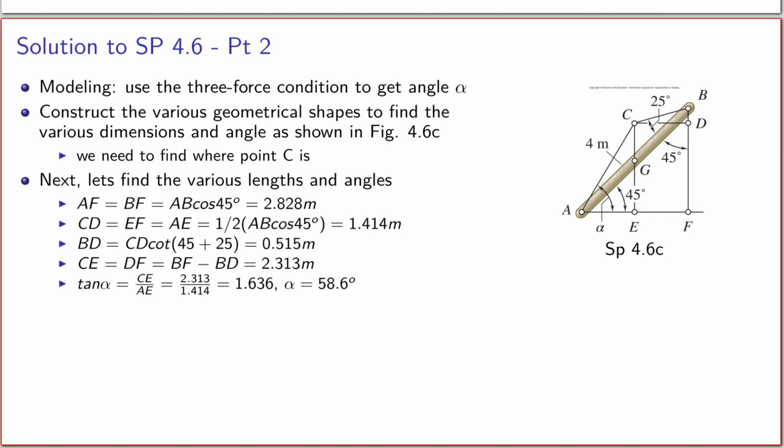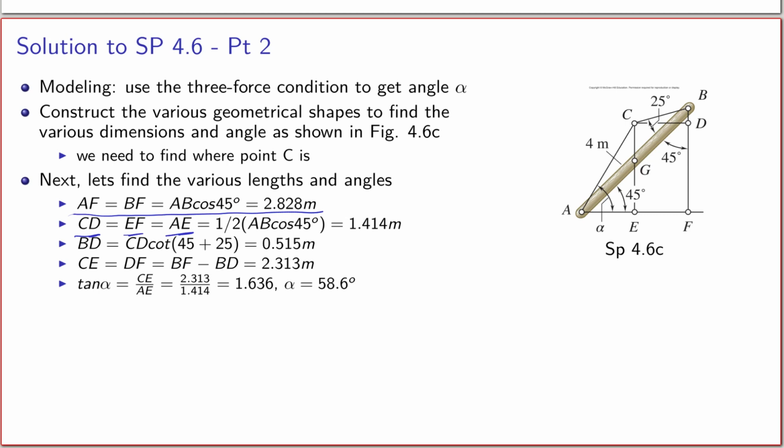Let's go ahead now and write down some of the other things that we can get to. We just saw that AF equals BF, which is also AB cos 45, and similarly you can see that CD equals EF, which is going to be AE, right?